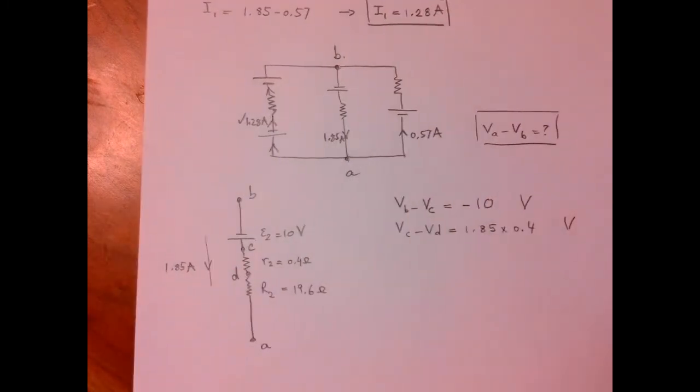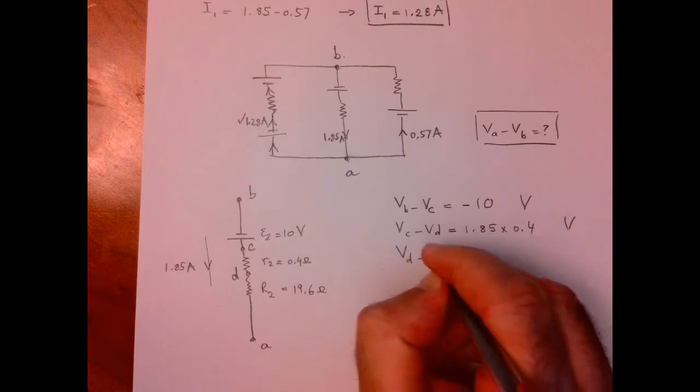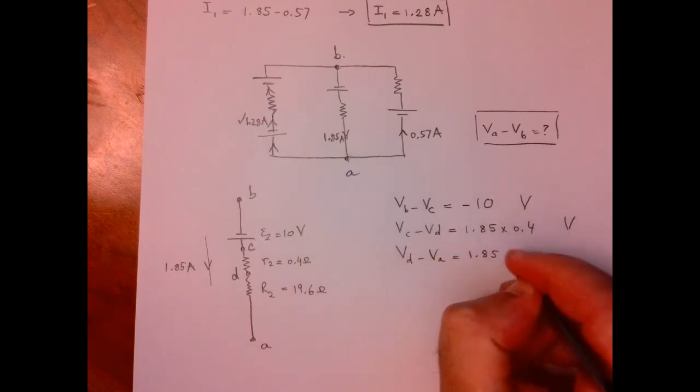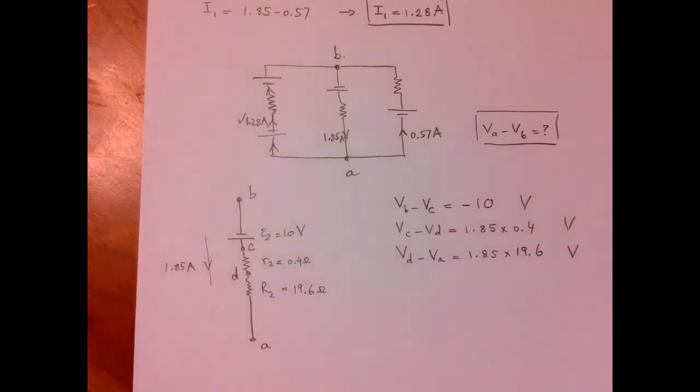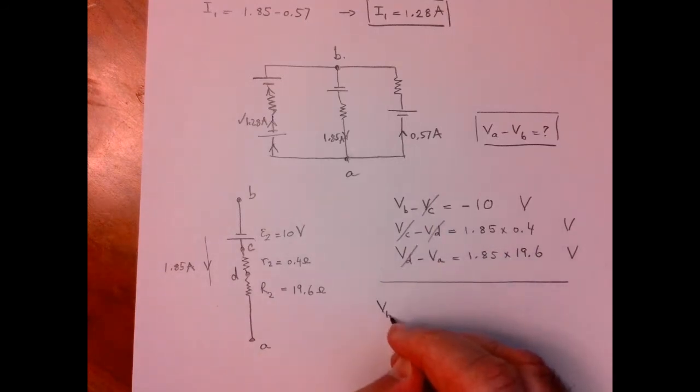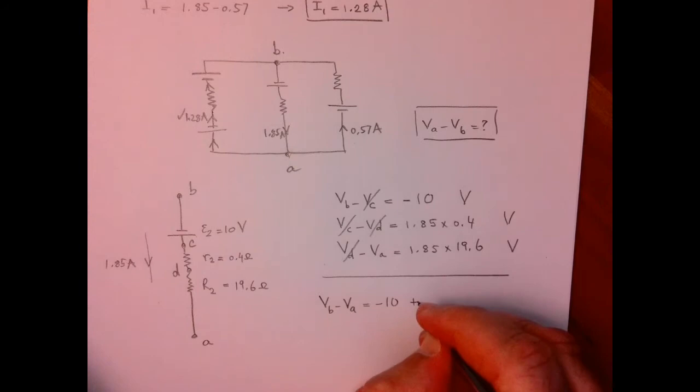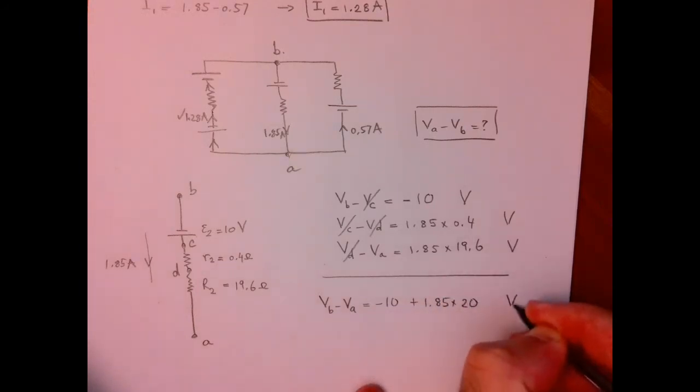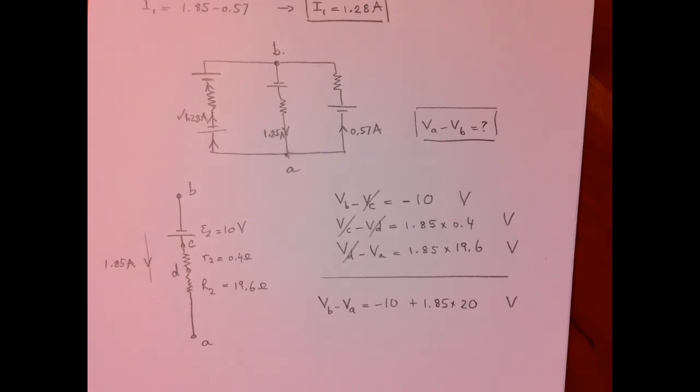Of course, these are all volts. 1.85 times 0.4 because the current goes from C to D, so potential of C will be greater than potential of D. Then I have finally VD minus VA, which will be 1.85 times 19.6, and again the current goes from D to A. We add all of them up, so VC and VD will cancel out, and I'm left with VB minus VA equal to negative 10 plus 1.85 times 20, which gives me a value of 27.